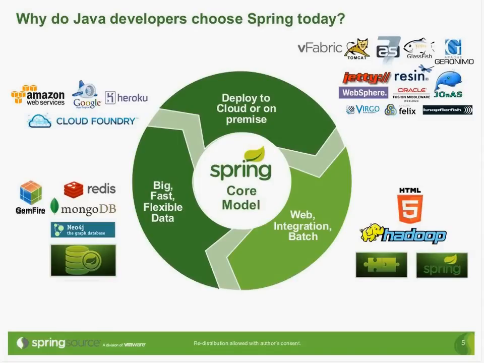The third push is around, again, extending the features of enterprise integration to support integration with various remoting protocols such as JMS and AMQP. And in addition, we have Spring for Apache Hadoop, which makes it much easier to develop Hadoop applications.